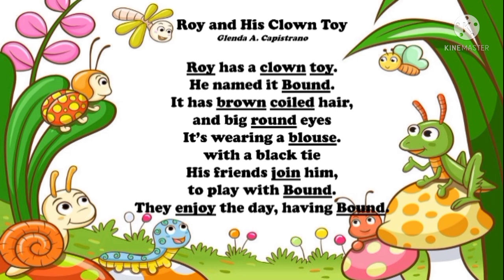Now, what are the words underlined in the poem? The words are Roy, clown, toy, bound, brown, coiled, round, blouse, join.